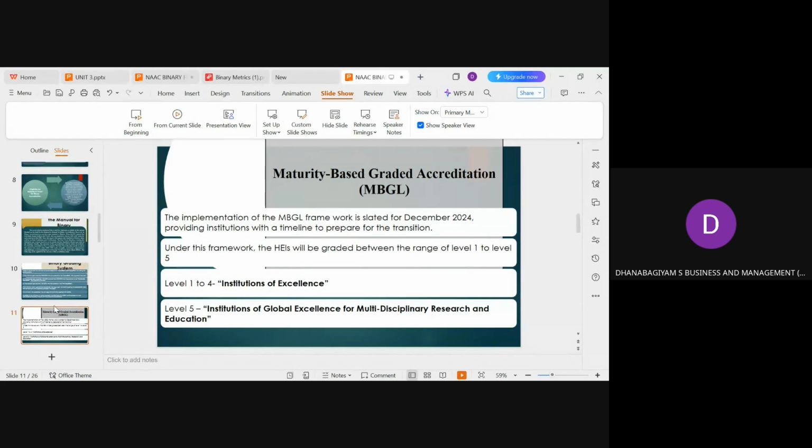So this is how the grading will happen according to MBGL, the maturity based graded level.